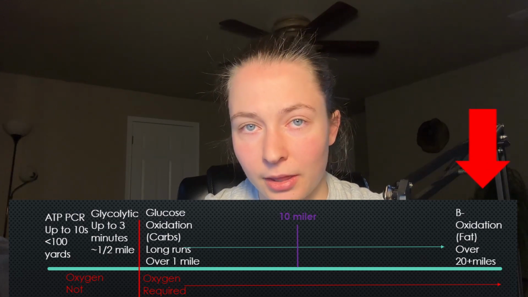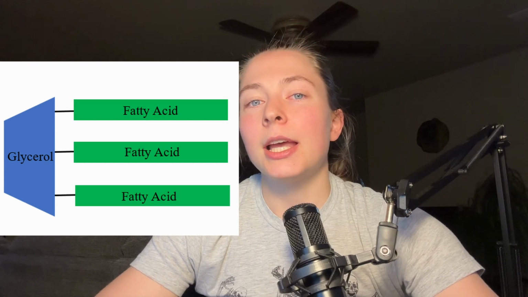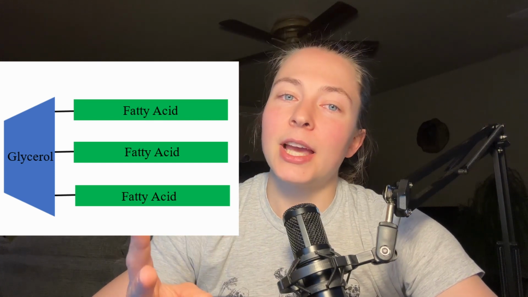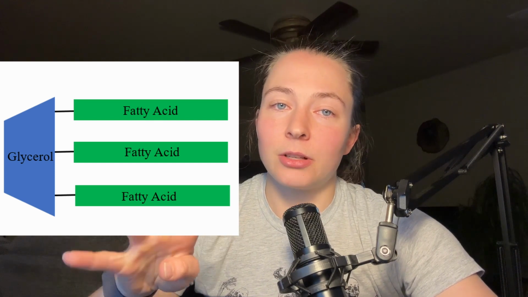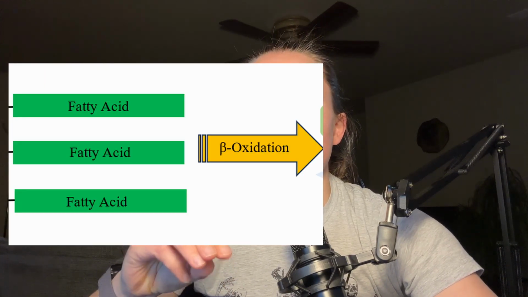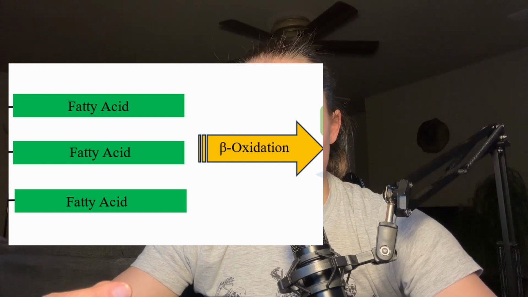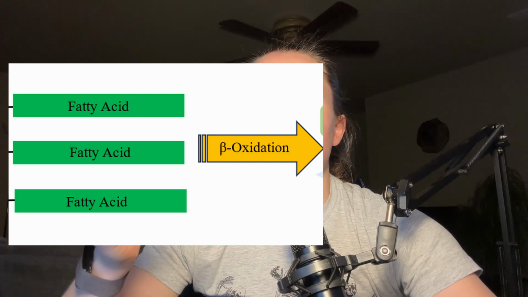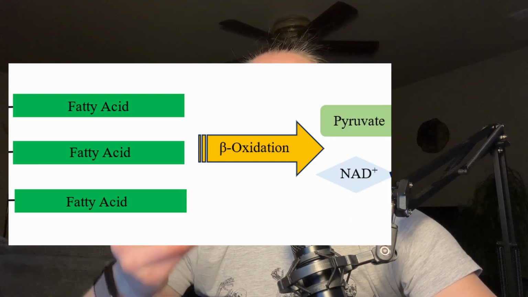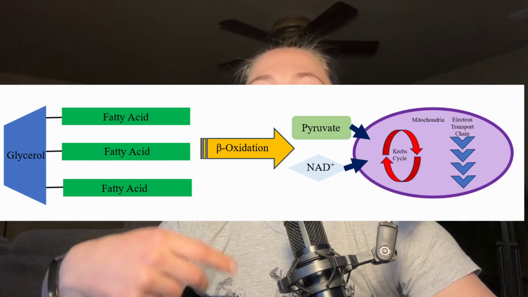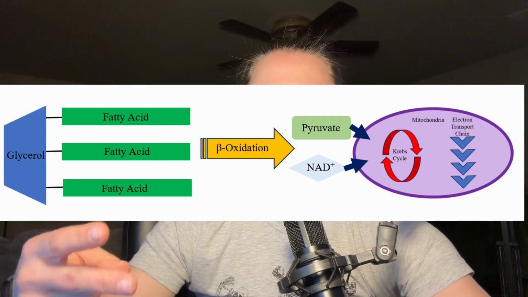and the ultramarathoners. Fat oxidation starts by taking a triglyceride and breaking it into 3 fatty acids and a glycerol molecule. From there, the fatty acids go through a process called beta oxidation to where they are turned into the products that can go into the Krebs cycle and that same electron transport chain that the carbs went through a few minutes ago.